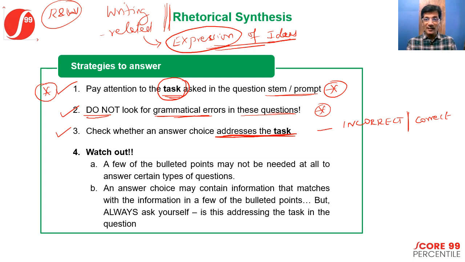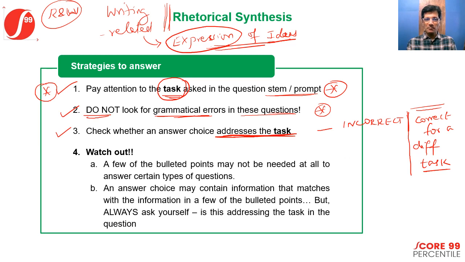It is correct for a different task at hand. No amount of emphasis here is sufficient because students tend to go wrong in answering rhetorical synthesis questions, primarily because they tend to overlook this aspect.